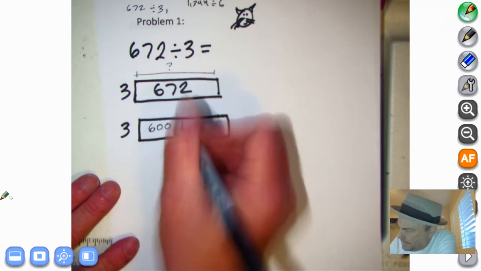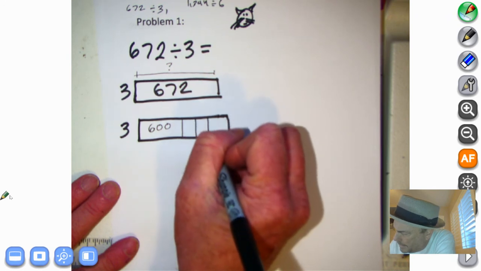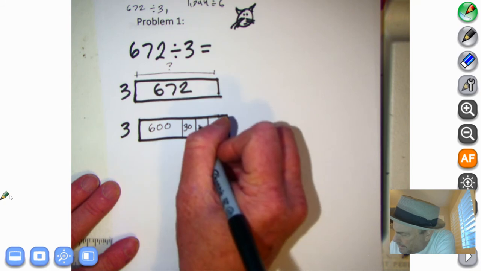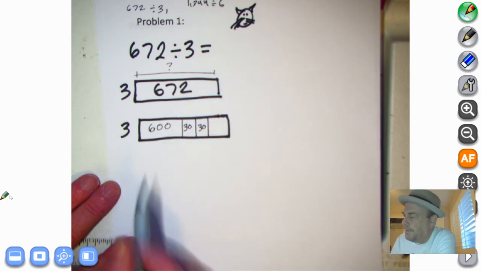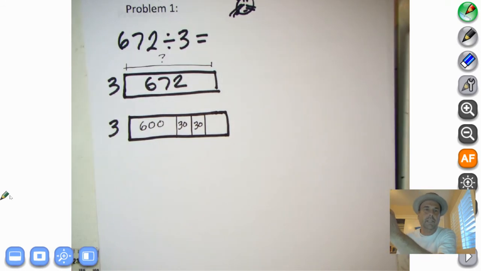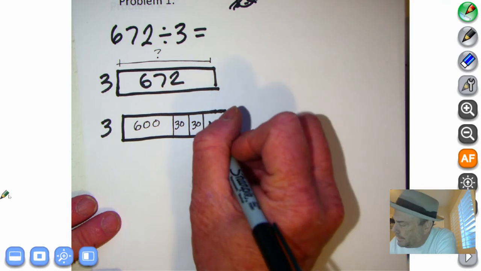And then I'm not going to do 70. Because we want to be able to divide easily by 3, I'll do 30 and 30, which is 60, all right? But we have 72 here. So 72 minus 60 is what? Think about it. 72 minus 60 is indeed 12.